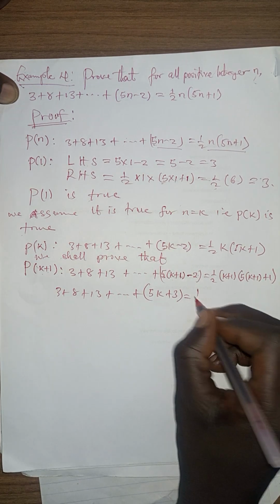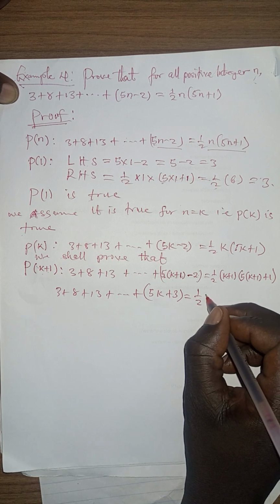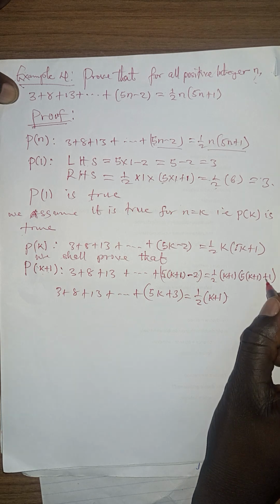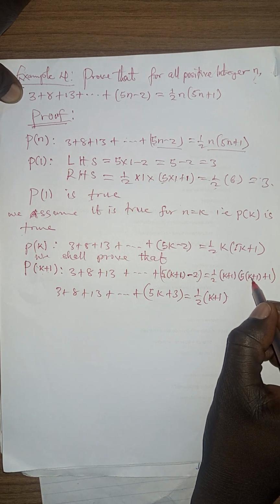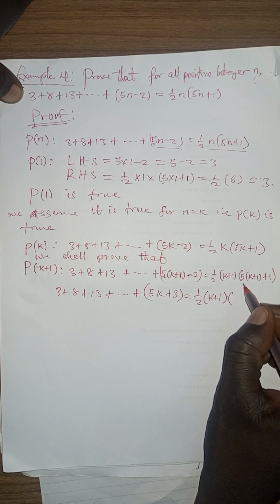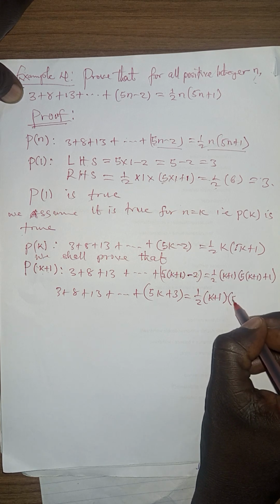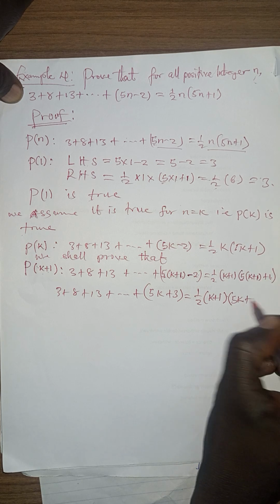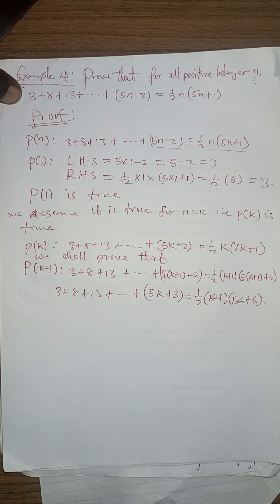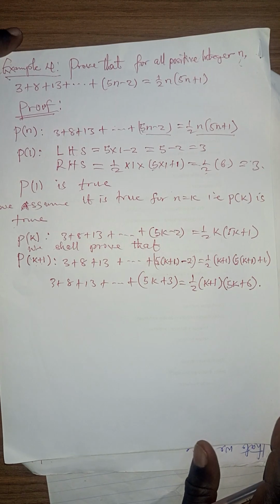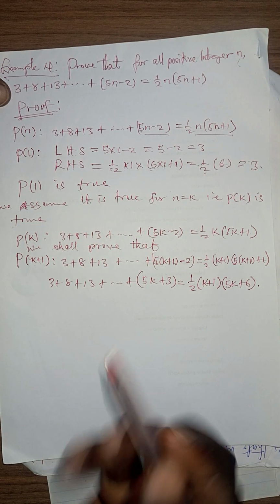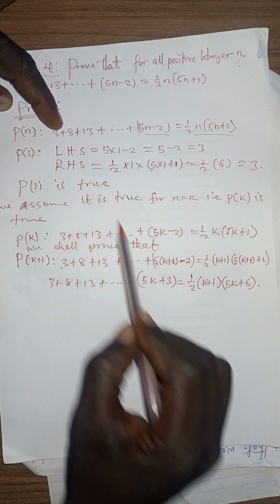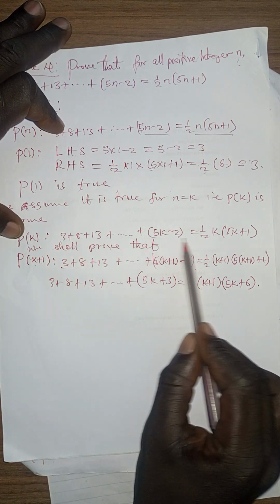This is equal to half of k plus 1 into 5k, and 5 times 1 is 5, then plus 1 is 6, so plus 6. This is what we are going to prove. And to prove this, let's look at the left-hand side of the given equation.